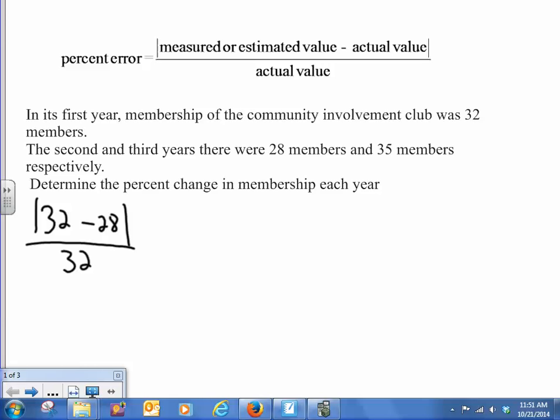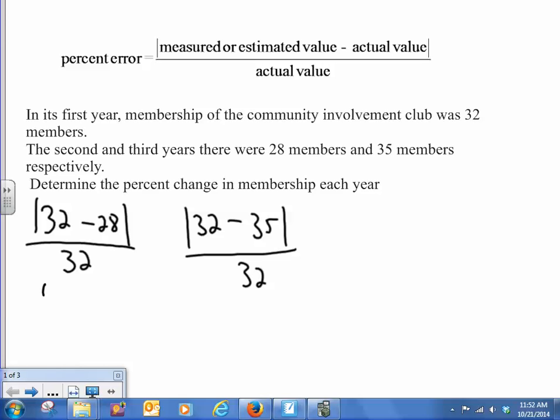And then the next year I had 32 as my original amount, and then the following year it was 35. I'm going to divide that by 32. So when you think about it, what is 32 minus 28? 32 minus 28 is 4.